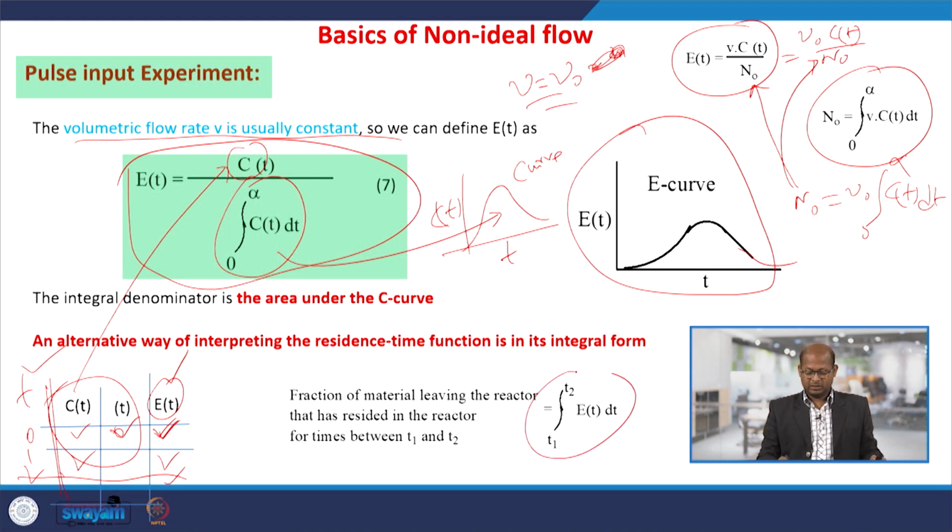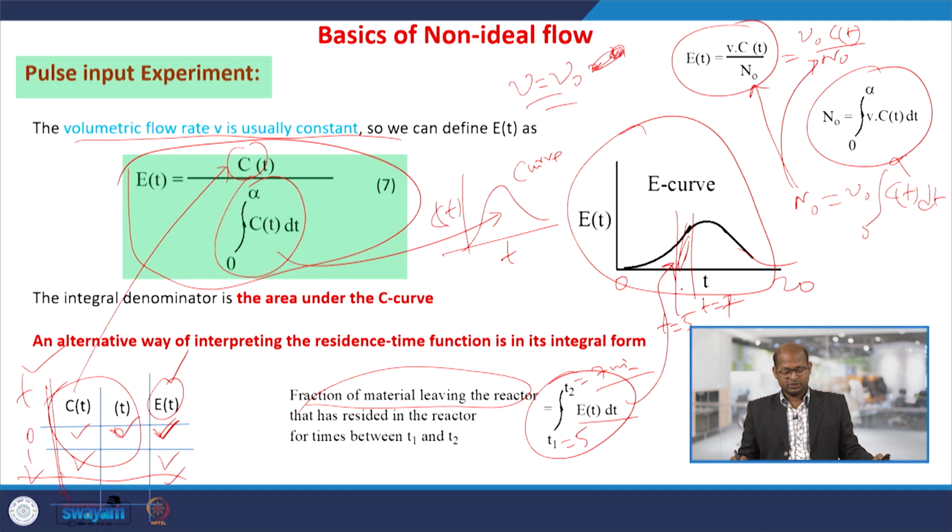And see here, at any time within the total time, say 0 to 20, let us say within that stipulated time we want the fraction of material leaving between 5 minutes and 7 minutes. So, t1 equals 5, t2 equals 7 minutes. If you know E(t) dt, then that way the fraction of material leaving within that 5 to 7 minutes we can easily find out using this integration procedure.